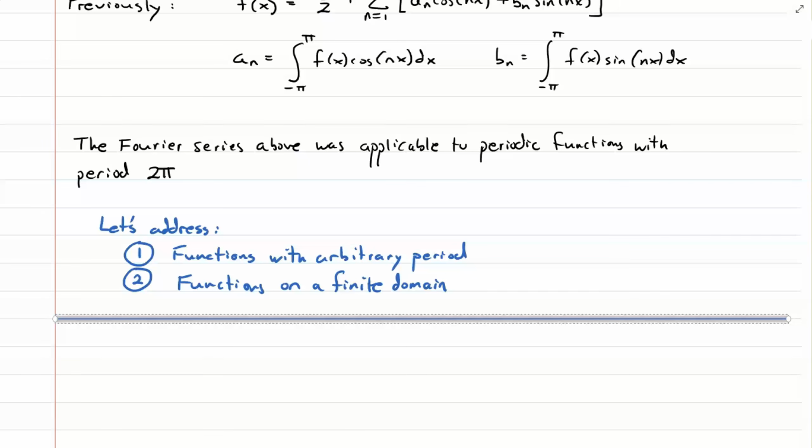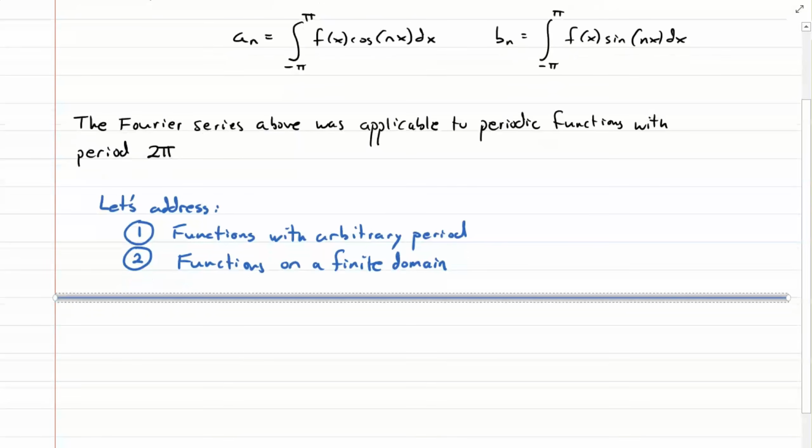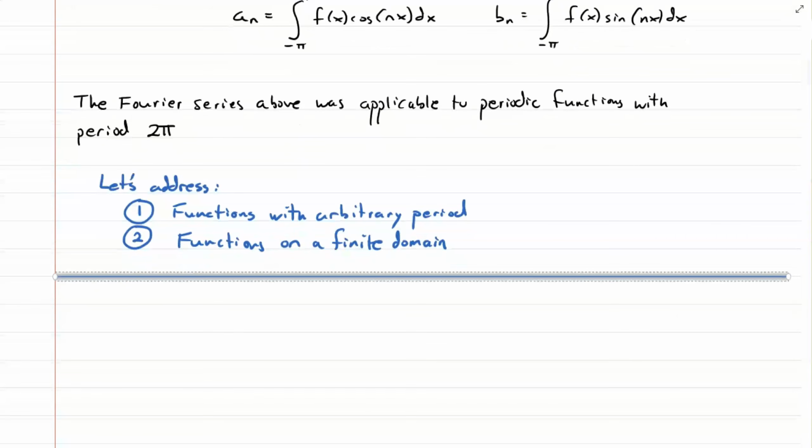Okay, so let's address those two issues. How can we generalize our Fourier series in these two ways? So the first thing, let's assume the function is still periodic, but it has a period which is not equal to 2 pi. Okay, that at least buys us a lot more. We can talk about functions with any period.